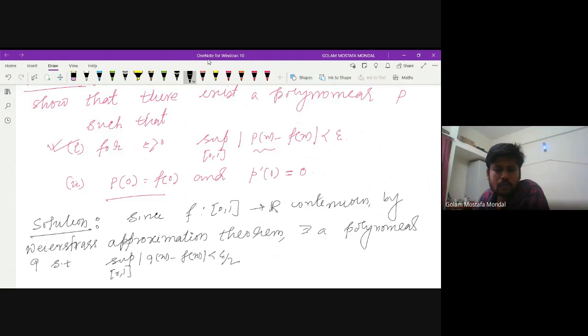Okay, first take epsilon greater than 0 be an arbitrary positive real number. And since f is a continuous function on 0, 1, we can say that such a polynomial Q exists.